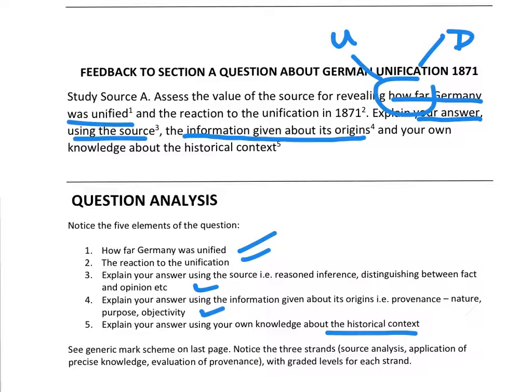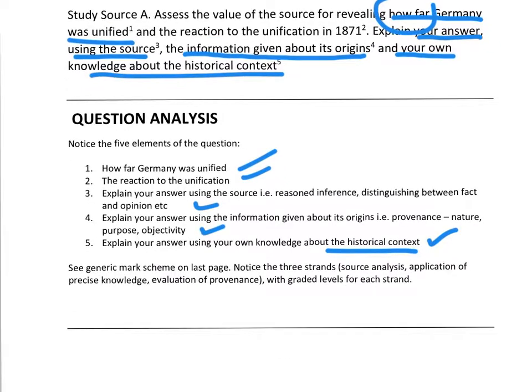Now, the context is crucial. The context is understanding the immediate circumstances in which the source was made, in terms of time and place, etc. So it says that in the question, and your own knowledge about the historical context. I put at the bottom there, see the generic mark scheme on the last page.